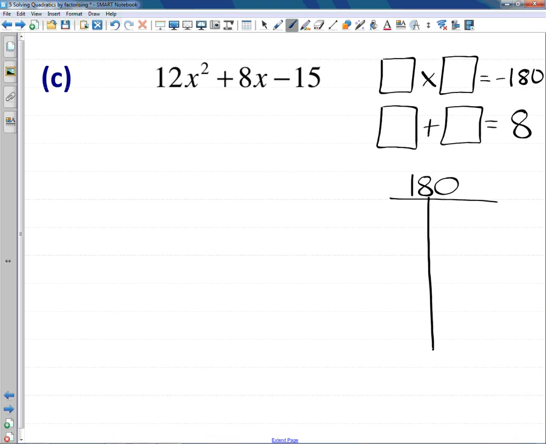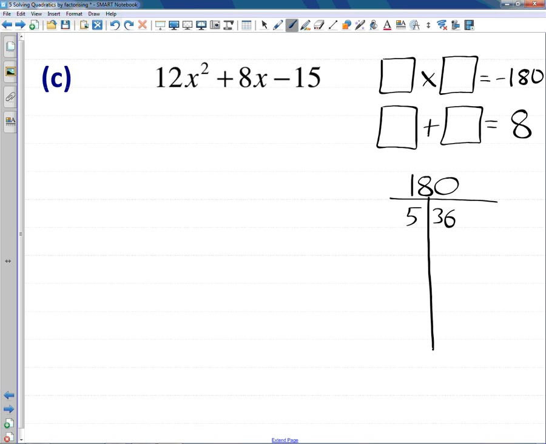So I'm not going to really bother with the low ones. I don't see how that's going to give 8. So maybe we should skip a few of them. Perhaps try 5 first. 5 goes into there. Well, 10 goes in 18 times, so 5 would go in 36.